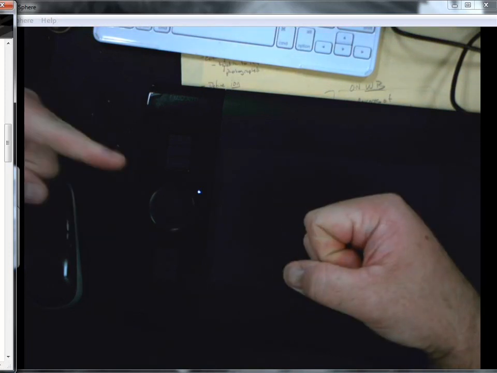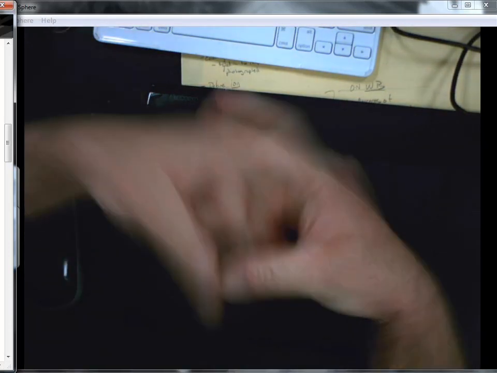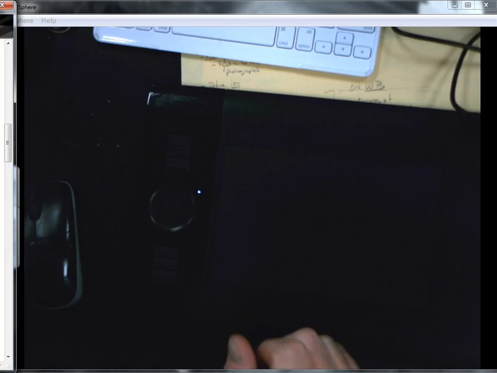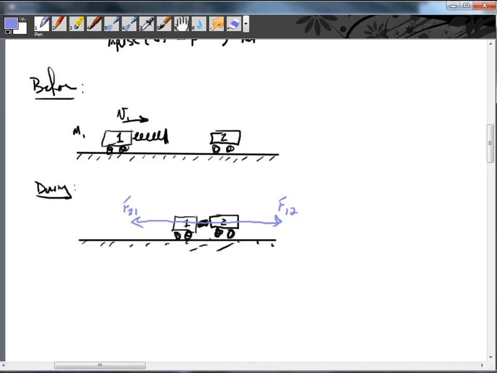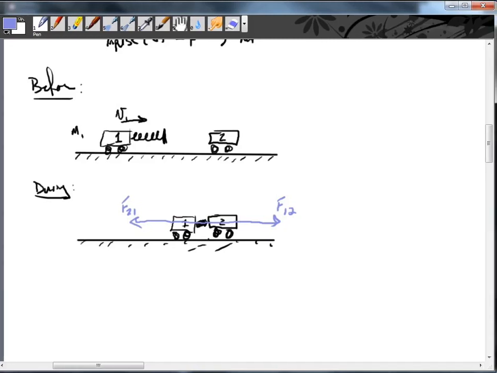It's sitting here, this one's coming in, and it moves away. So not only do we have equal and opposite forces, but we have equal and opposite forces that occur over the same period of time, delta t.